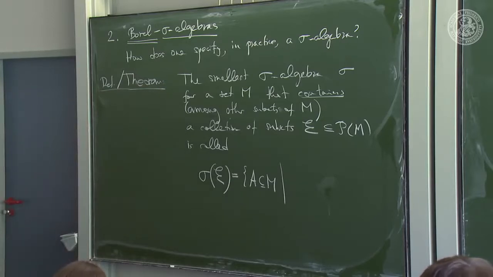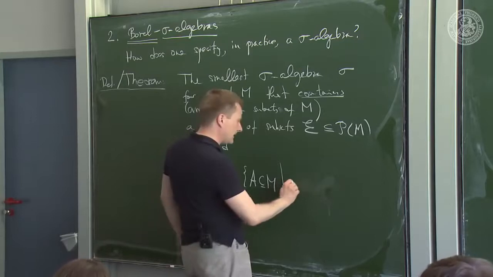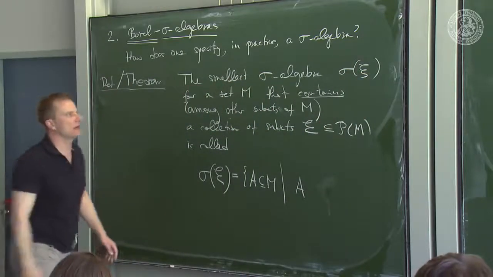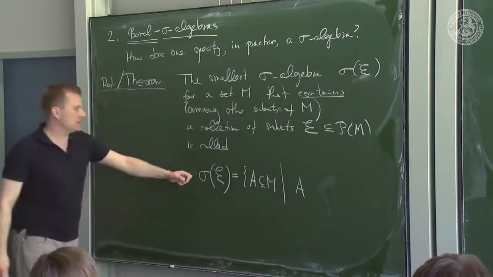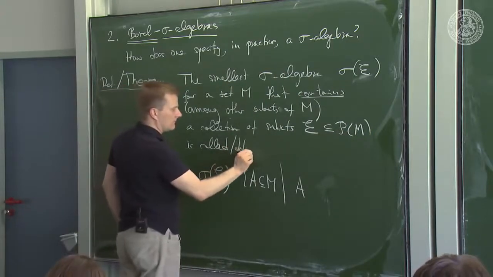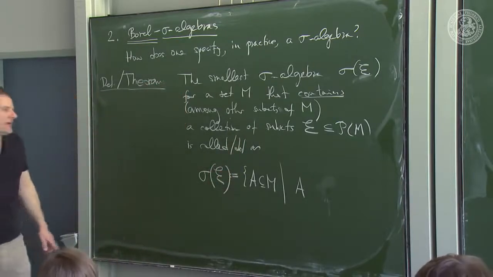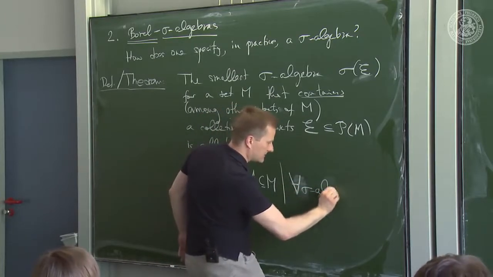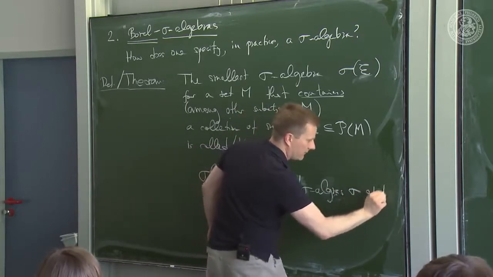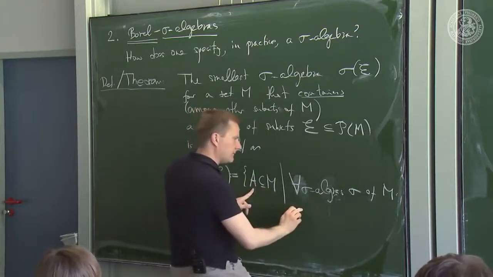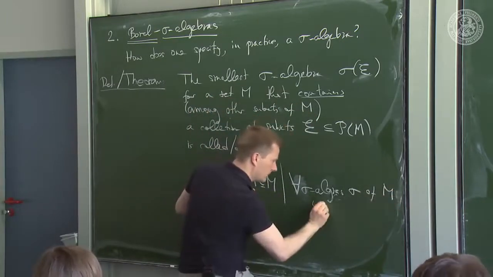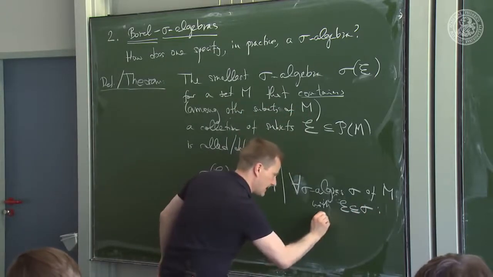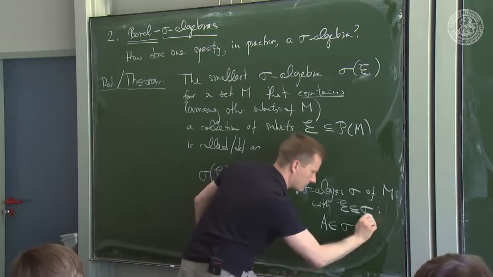The smallest sigma algebra, sigma of E, is defined as follows: it is the set of all A in M such that for all sigma algebras on M containing E, A also lies in that one.